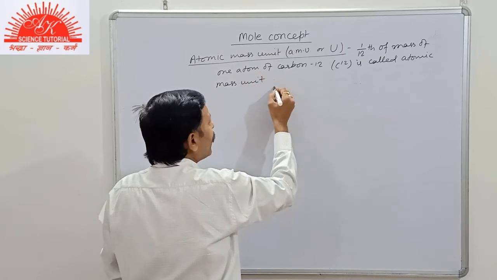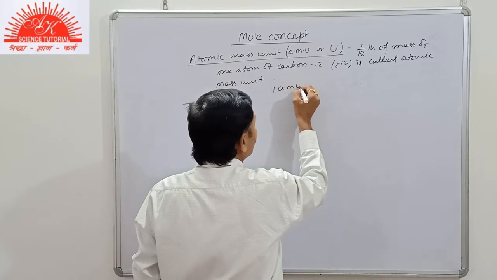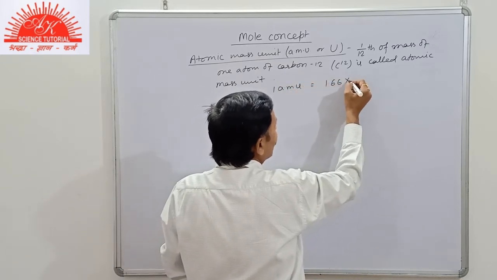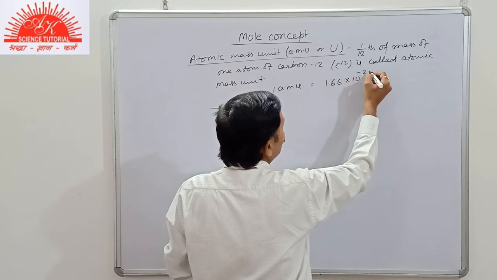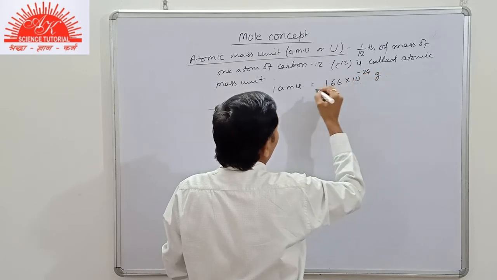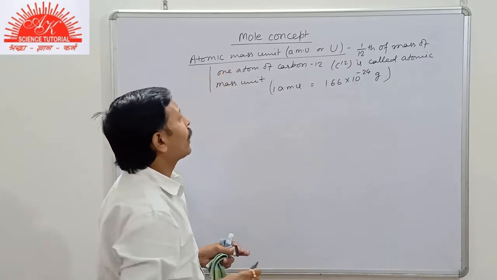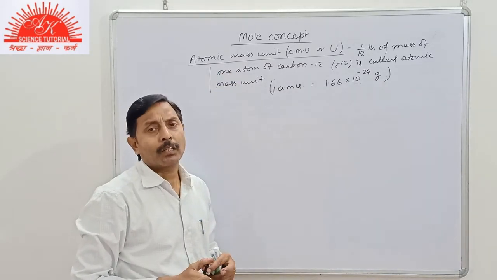Now 1 AMU in kilogram is 1.66 into 10 to the power minus 24 gram. But now we just need atomic mass unit here.